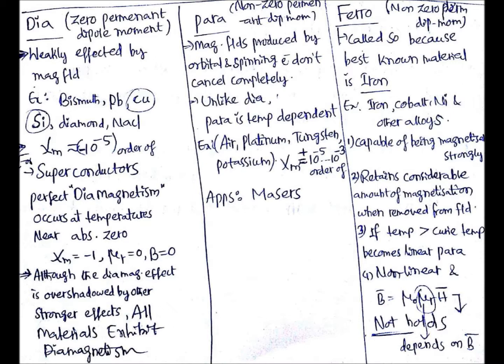And if the temperature is greater than the Curie temperature, they are going to become linear, para. In linear there are para and dia. So if the temperature is greater than the Curie temperature, ferro is going to become para. This is very important from the point of view of theory. And these ferro are non-linear, and B bar is mu naught mu r H bar.